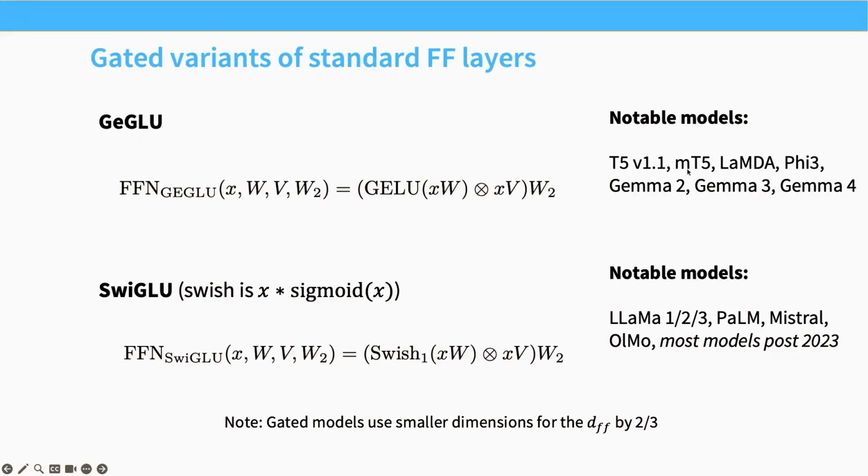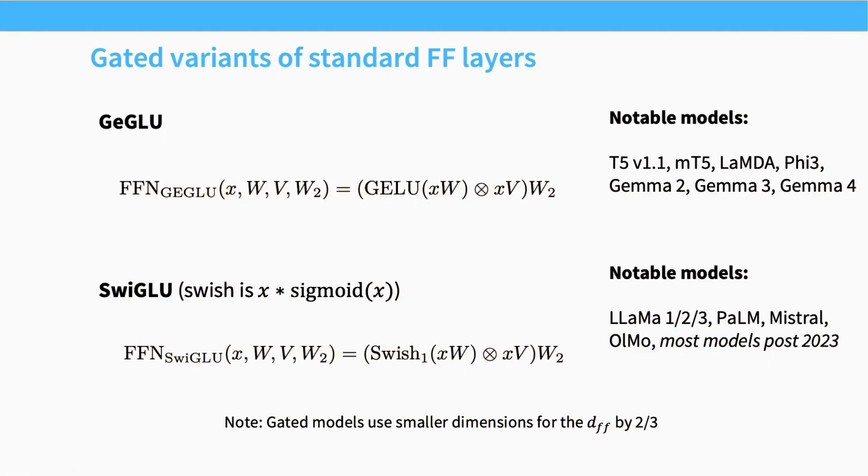Generally, the Google folks have used GeGLU, like the Gemma models and the T5 models. And everything that's a Llama descendant uses a SwiGLU. So PaLM and the Llama descendants are all SwiGLU models. I would say that SwiGLU is probably the more dominant one, but honestly, amongst the gated units, it doesn't really matter.